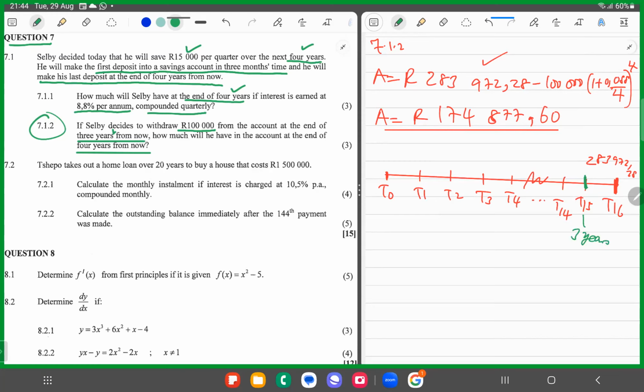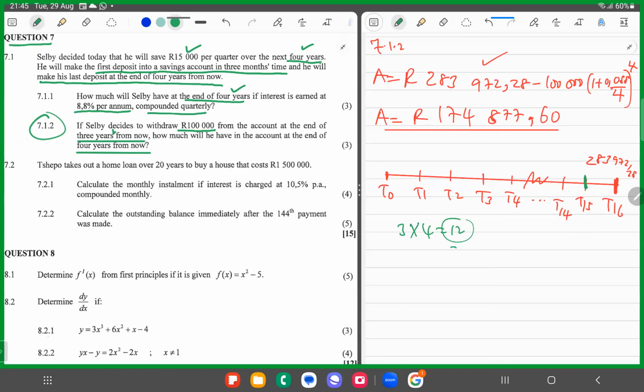Just to check that carefully, you need to say 3 years. So 3 by 4 is 12. So this would mean you'd be having 12 quarters.